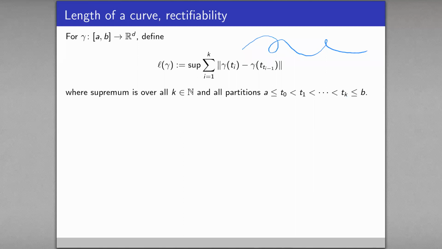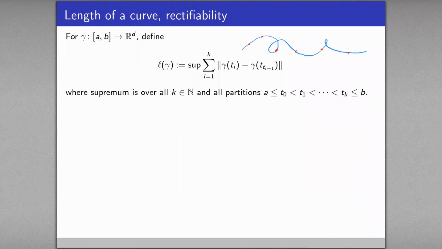And then you look at the images of those points. So my curve, so that I can draw it, is a simple one, but you can have a constant curve. You can have the curve self-intersecting and also self-overlapping over a whole interval. For example, maybe this curve goes all the way to the end and then returns and covers it backwards. We don't care. The definition does make sense.